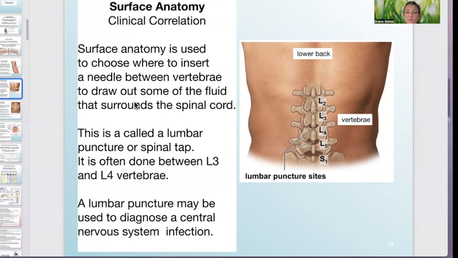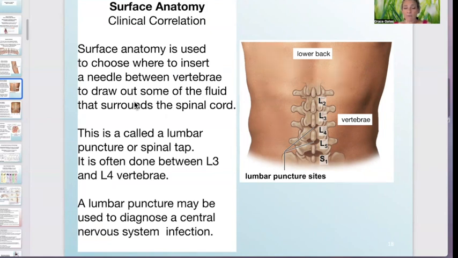Surface anatomy is used to choose where to insert a needle between vertebrae to draw out some of the fluid that surrounds the spinal cord. This is called doing a lumbar puncture or spinal tap, and it's often done between L3 and L4 vertebrae.